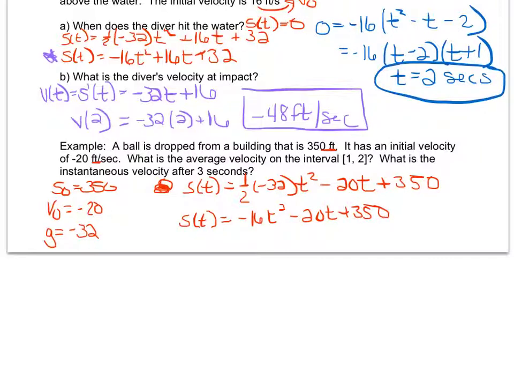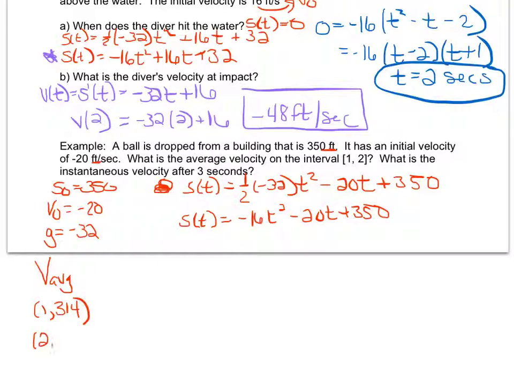So doing the first part, if I want to find my average velocity, a lot of times written v average, I'm going to need to know what my position is at 1 and what my position is at 2. So position when t equals 1, I'm going to plug 1 into my function here. When I plug 1 in, I put it into my calculator and I get 314.